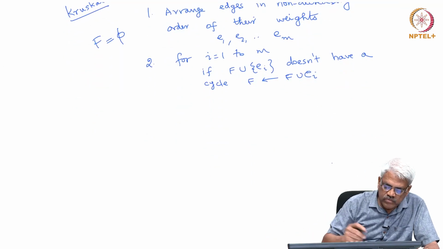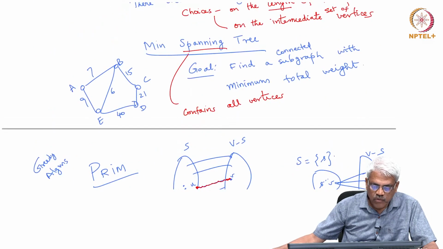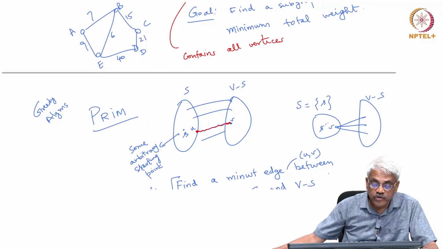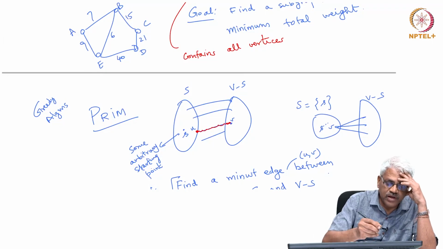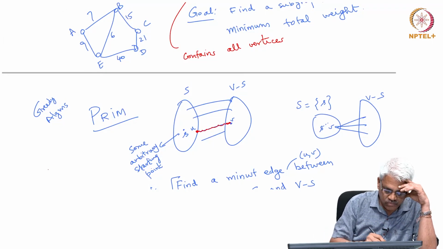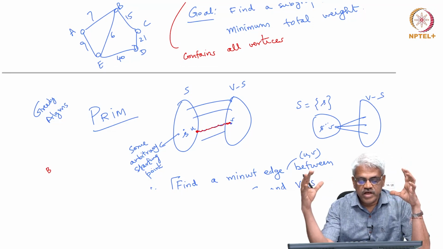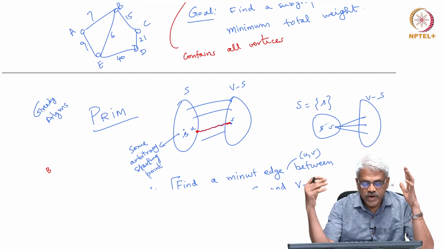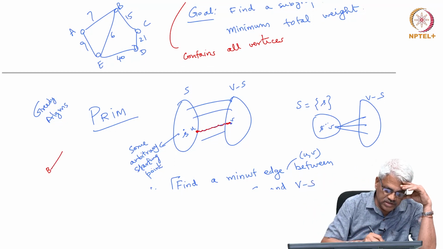Let us look at this example maybe. What would Prim do on this example? Let us say I start with B and everything else outside. It will pick the smallest weight edge out of B. It is going to pick that edge 6.